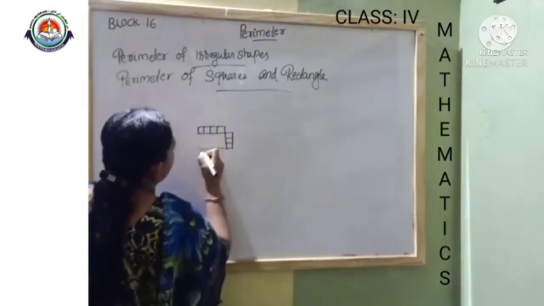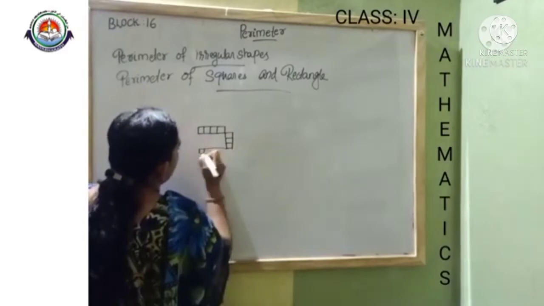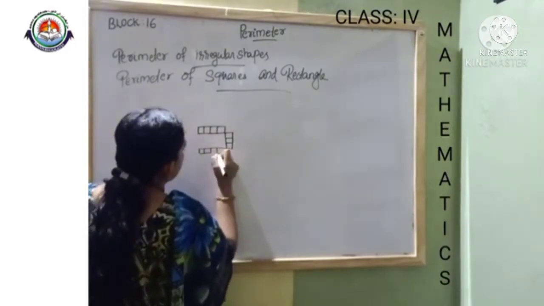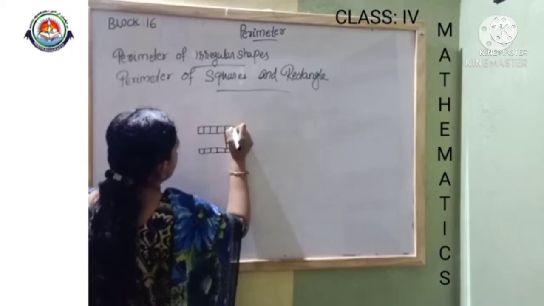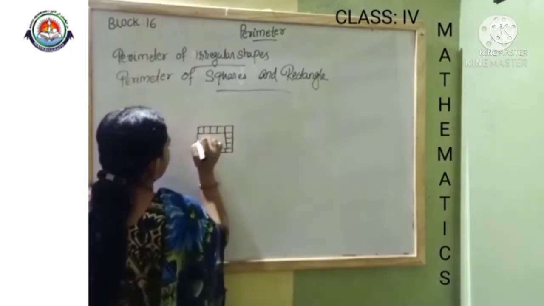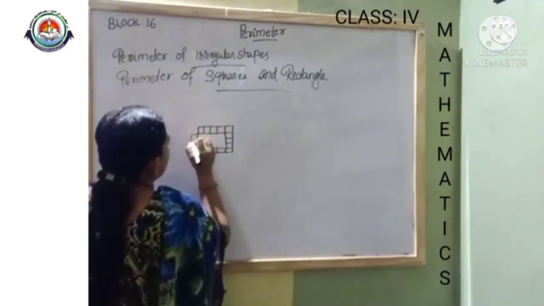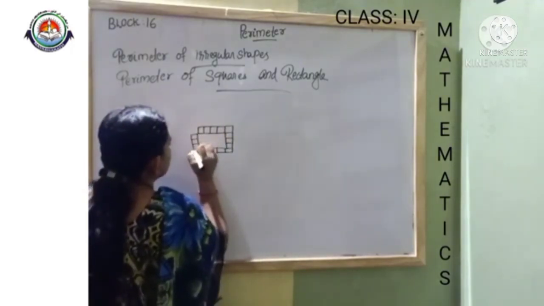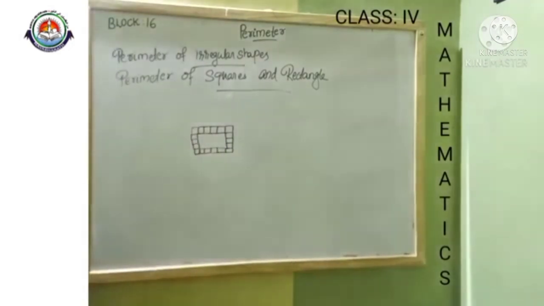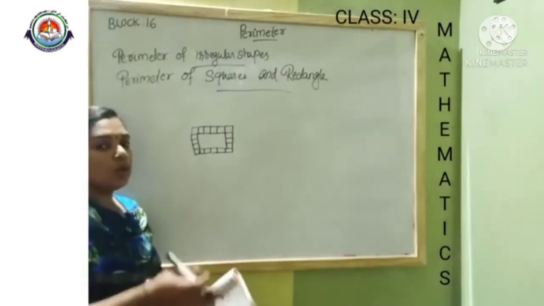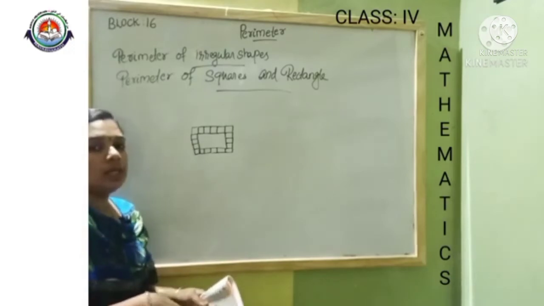Here also 4. 1, 2, 3, 4. Here the squares, just simply draw. 1, 2, 3. So like these shapes. Using a ruler you can get a correct figure of the rectangle.